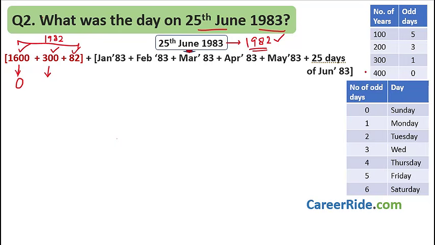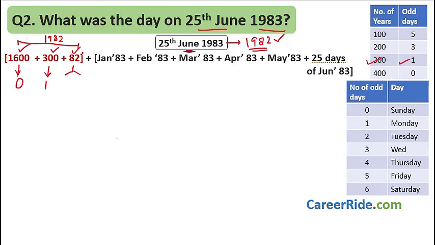How many odd days are there in 300 years? We know from our table. Look at the table on the right hand side. 300 years has 1 odd day. Coming back to our calculation, 300 years, 1 odd day. Now 82 years. These 82 years comprise leap years and normal years also.